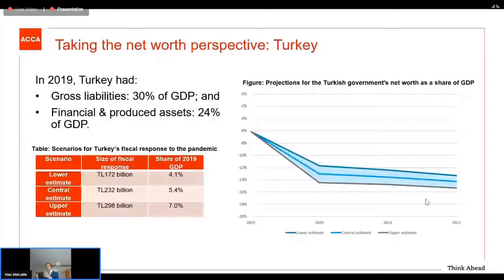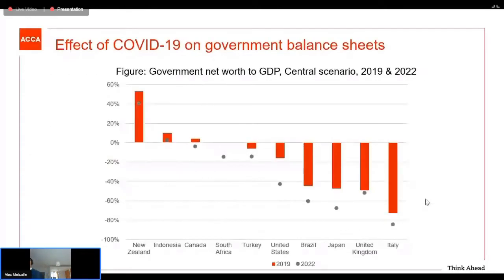Giving you a kind of more comprehensive view of this, here are the 10 different countries that we've been able to cover in this initial study, some of which are going into the crisis with quite strong net worth positions, so they actually have positive, more assets than liabilities going into the crisis. South Africa is actually sitting around the neutral mark here. But I think the interesting piece with this is the size of the impact of what we've captured in these different scenarios of the fiscal policy interventions.